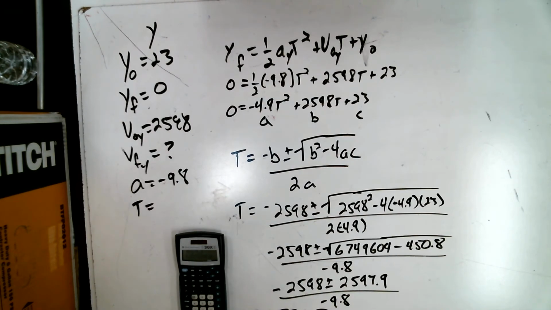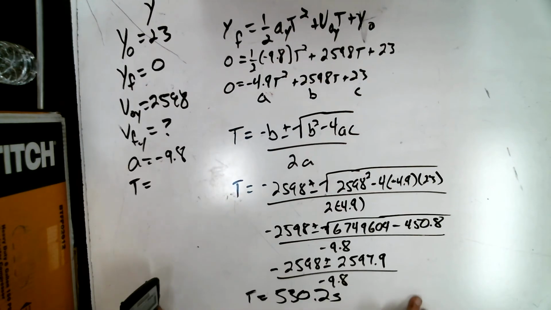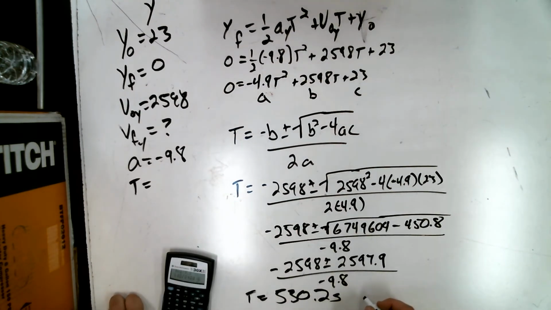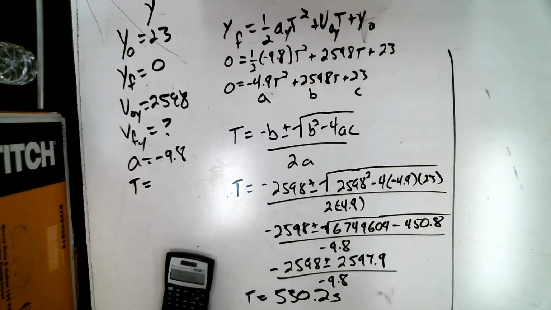Just what we got on the other side. 23 meters in this huge distance doesn't really matter that much. So this time is almost the same. Then we'd go to our x coordinates, punch in the time, and be done.